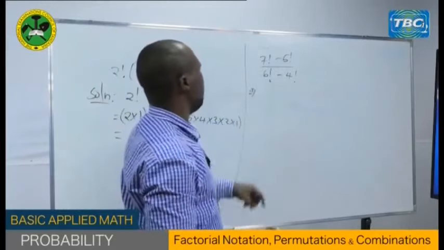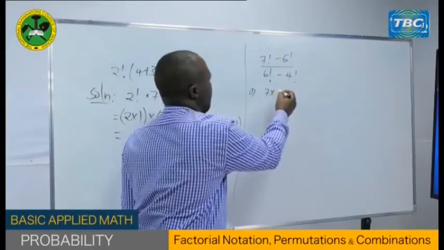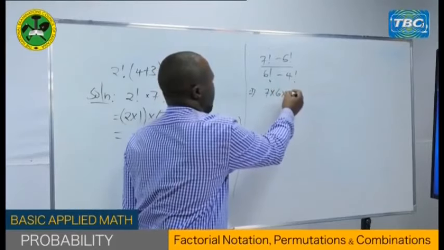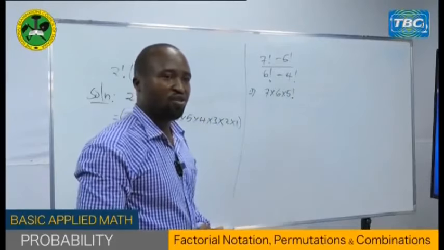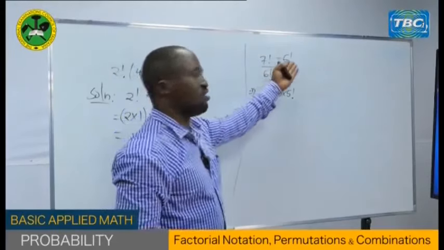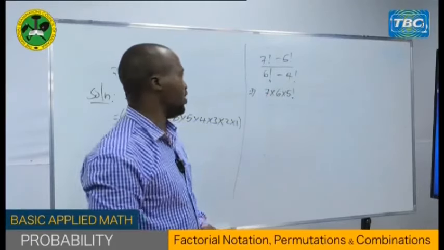For 7 factorial, this is the same as 7 times 6 times 5 factorial. Why 5 factorial? Because the last number is 5 factorial. It will help us to simplify the expression.